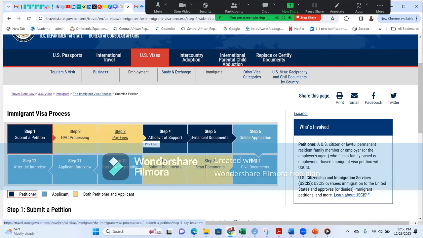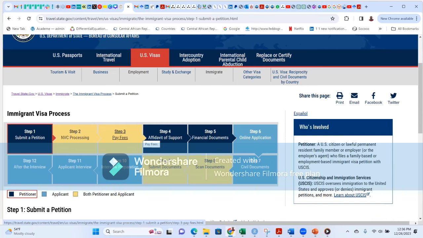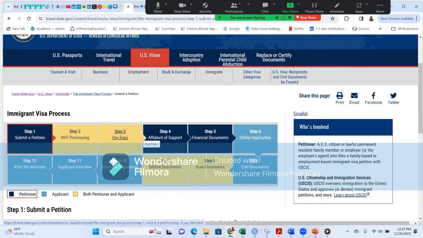But for the people inside, they are to use the I-485, that is change of status. If you are applying from outside the United States, or your family is outside the United States, I strongly advise you to use the IVP, which is immigrant visa processing. So we'll talk about that.